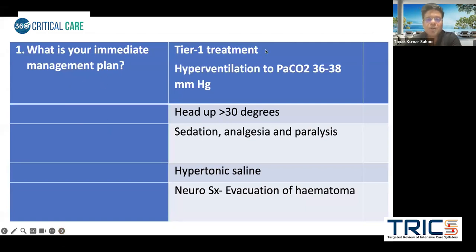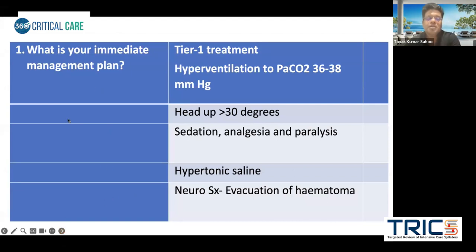So it is tier 1 treatment for managing the ICP: hyperventilation to maintain the PaCO2 around 36 to 38, head up more than 30 degrees, sedation, analgesia, paralysis, hypertonic saline, and neurosurgery, evacuation of hematoma, which you have already done.